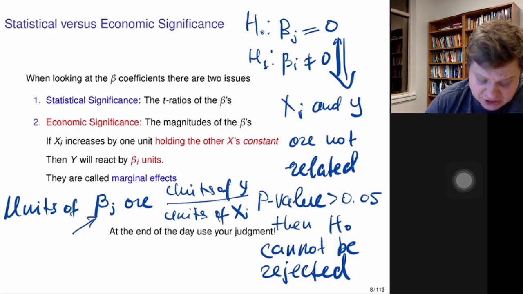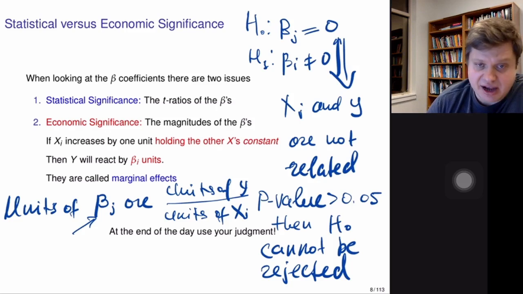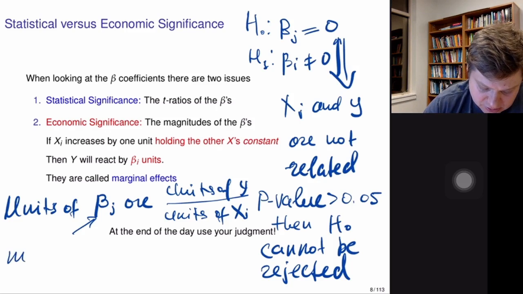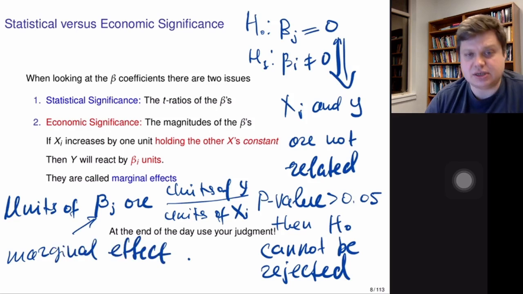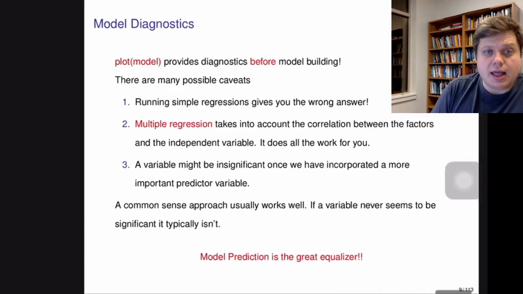The size of this change is called economic significance, or sometimes marginal effect. Marginal is just a fancy economic term for something that is relatively simple.